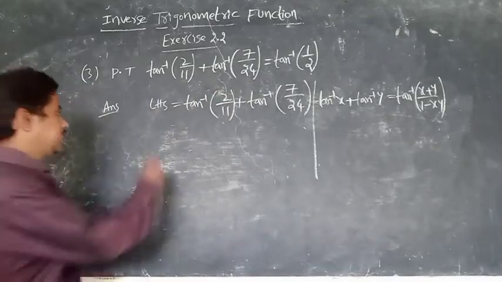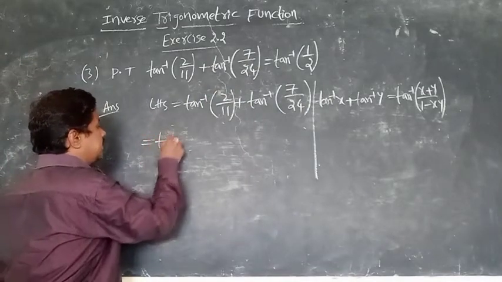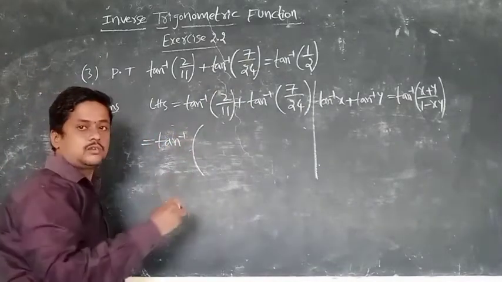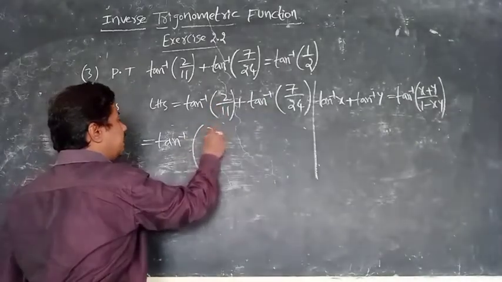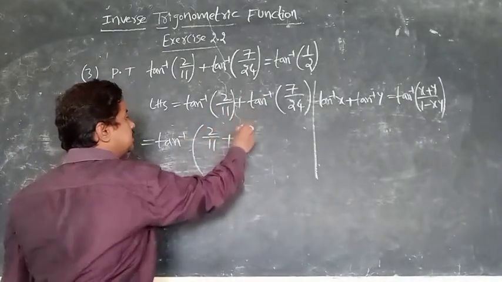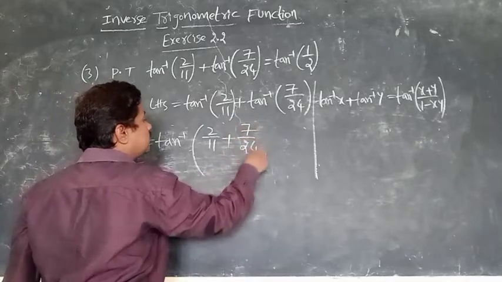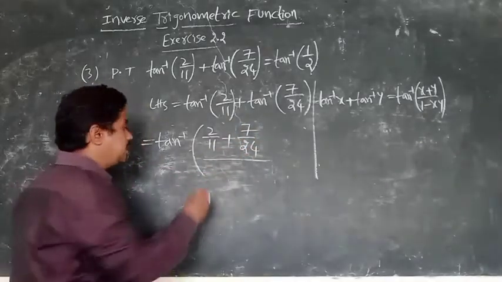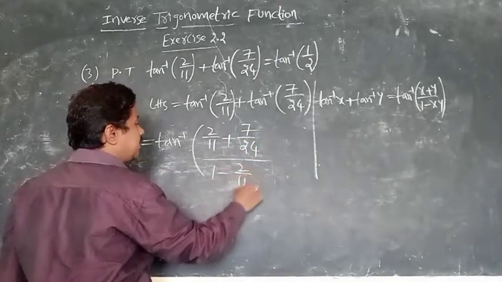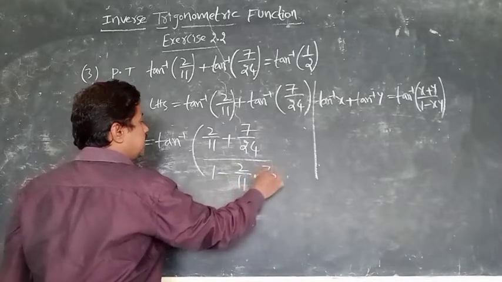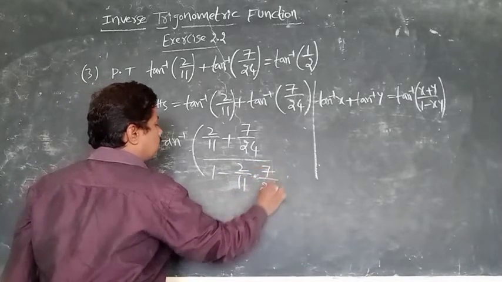So tan inverse of (2 by 11 plus 7 by 24) divided by (1 minus 2 by 11 into 7 by 24).